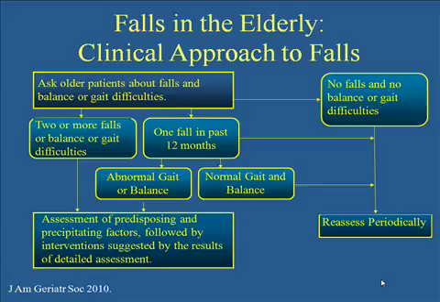If you assess their gait and balance and it's abnormal, you'll want to put them through an assessment of predisposing factors, especially these intrinsic factors that are resulting in their abnormal gait or balance, and then use the results of the assessments for your intervention.